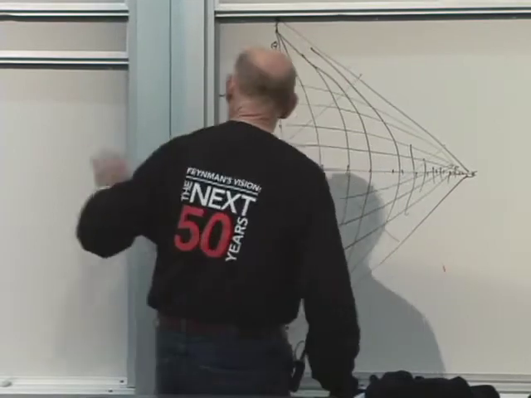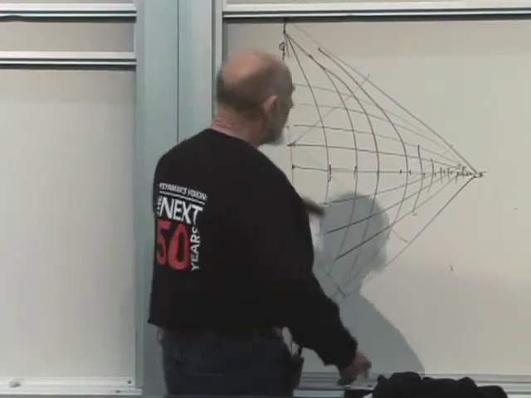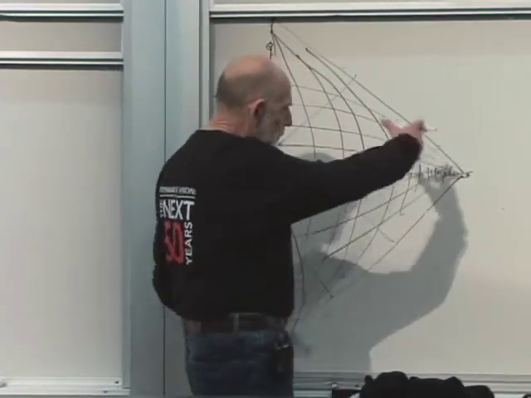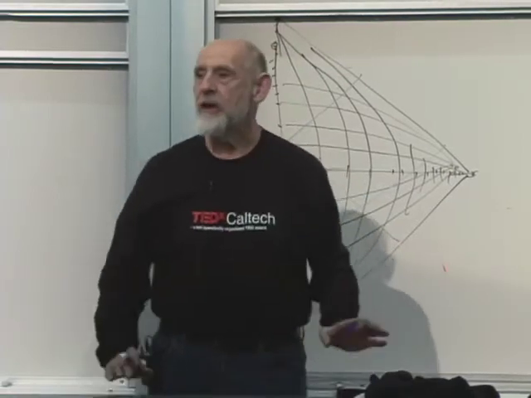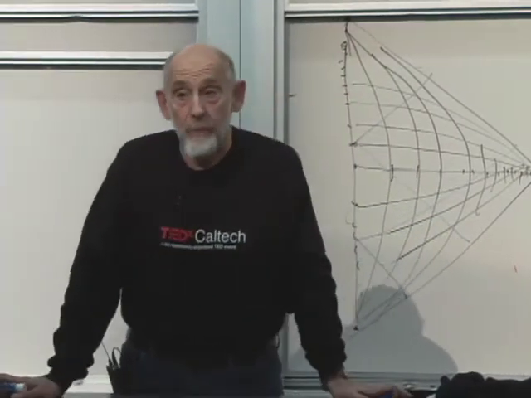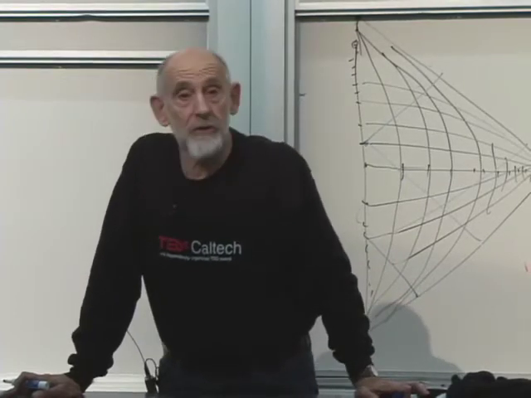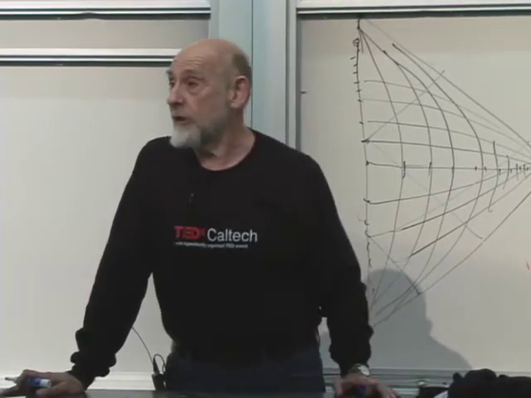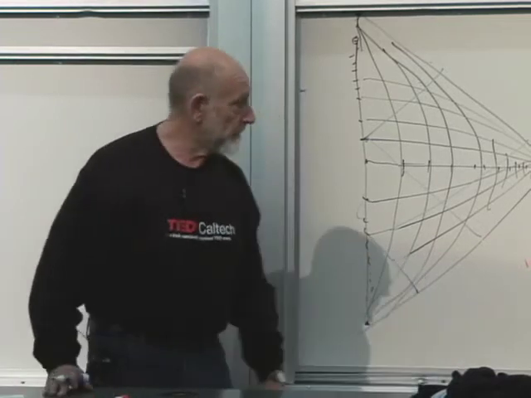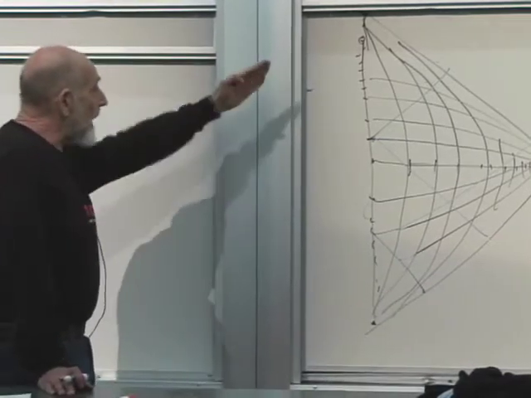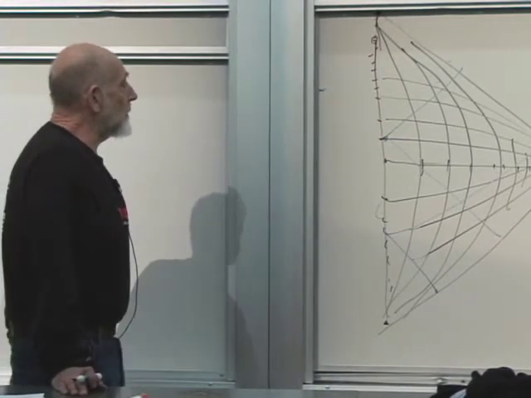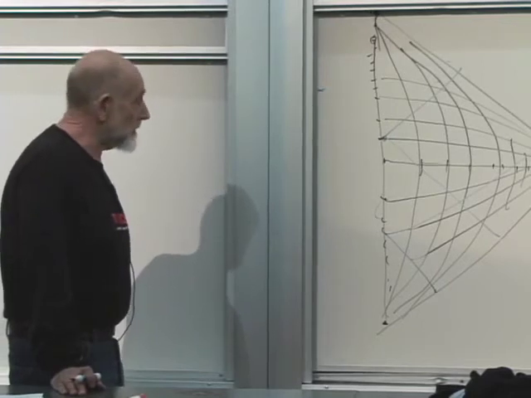This diagram and that diagram are the same diagram. This one has just been smushed or squished or whatever your favorite word is so that it can all be drawn on the blackboard, but subject to the constraint that the speed of light stays the same, the light rays move at 45-degree angles. This is called a Penrose diagram. This is the simplest Penrose diagram, and that's all it is.